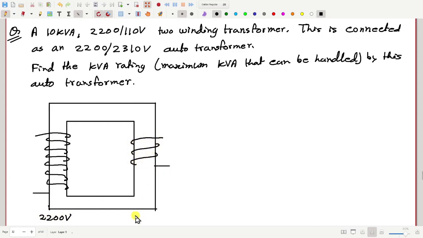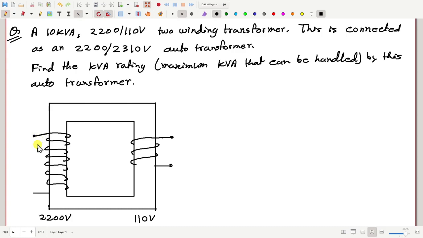This is the 110 volt winding. So this is a normal two winding transformer, but we have to reconnect this to use it like an auto transformer, so that the voltage rating of the auto transformer becomes 2200 by 2310 volt. How to do that? First question, how is this reconnection to be done?